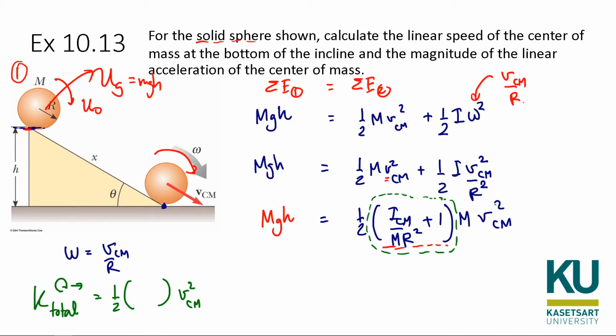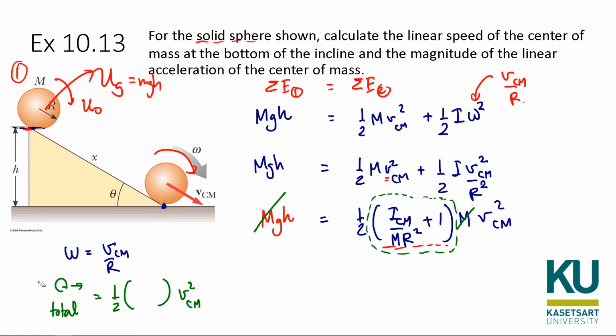Now you would like to have only the center of mass velocity, and then you can convert to acceleration later. So I'll get rid of the big M. You have v_cm equal to 2gh over 1 plus I_cm over m r squared. I will write it properly.